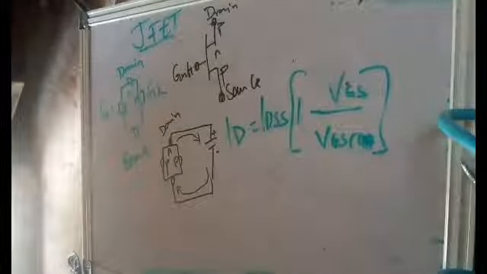So now let us see an example to buttress more on this formula that we have established. The example says a depletion type MOSFET has the following characteristics.